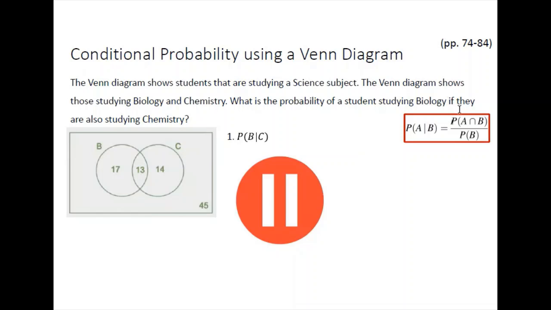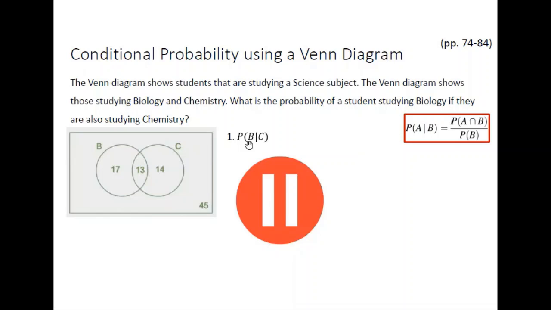You know about conditional sentences in English, they start with if. So the probability of biology given that the student is studying chemistry.